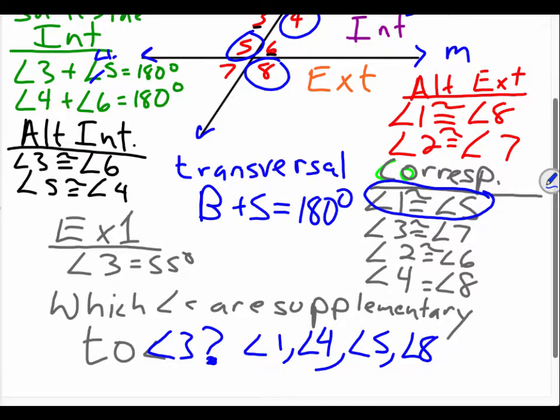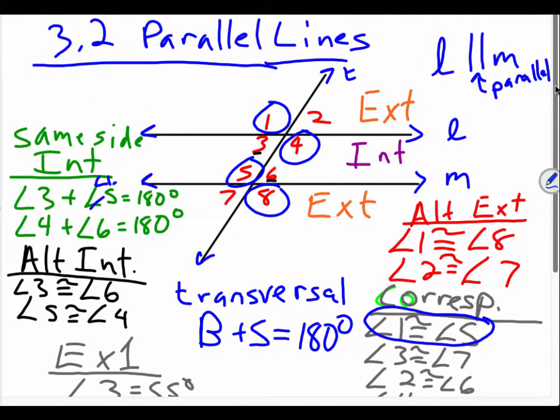But how is it supplementary to angle 1? Well, for example, angle 3 is supplementary to 1 because it's a linear pair. And by definition, they share the same line, they share the transversal, so they're going to be supplementary, right? Well, what is angle 1 congruent to? Well, it's congruent to angle 4 because they're vertical angles.